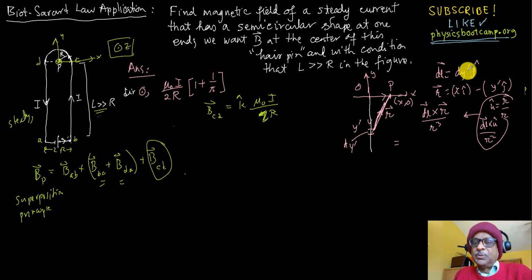You can see j hat cross i hat is going to be minus k hat, and it's going to be x dy prime, and the actual size of this vector will be x squared plus y prime squared, and cubed will make it 3/2.